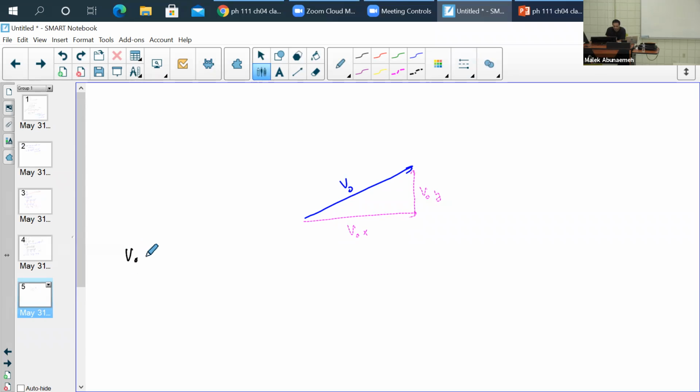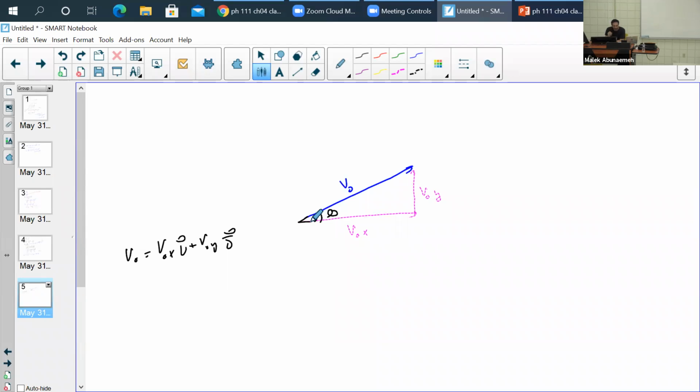Now, your initial velocity, what is that going to equal again? Let's say your v naught is a combination of your v naught x in the i direction plus v naught y in the j direction. Now, over here we've got an angle theta in the triangle.